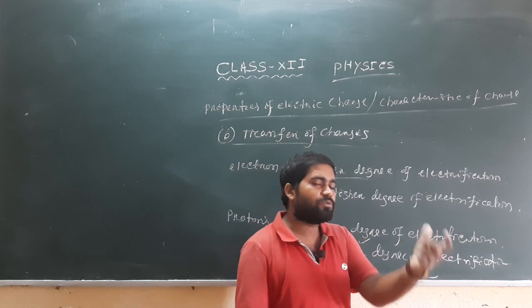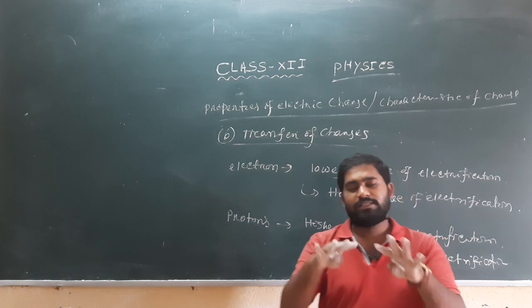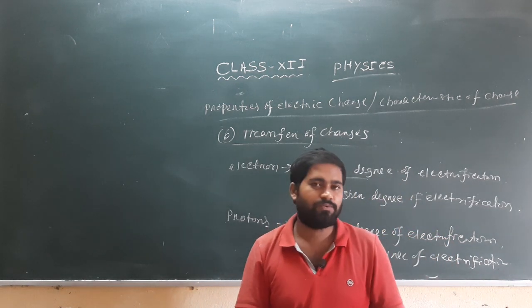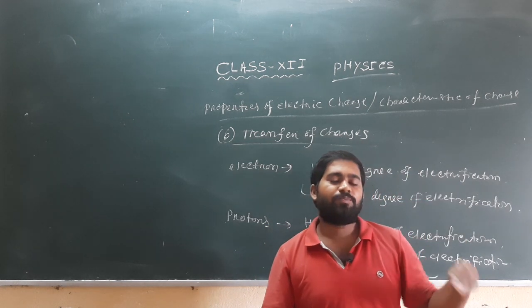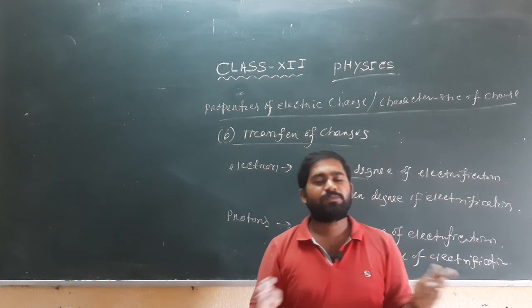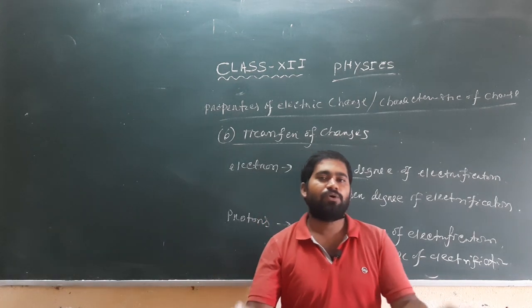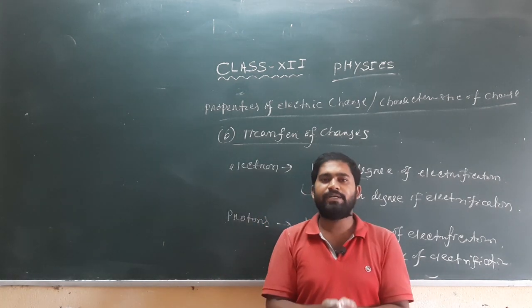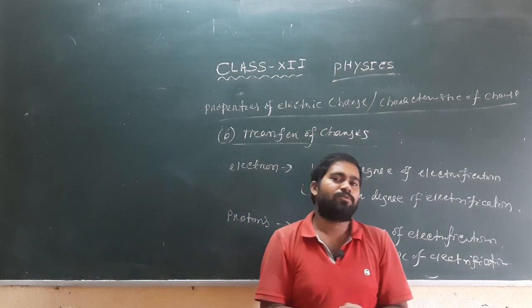Okay, but you may question here, up to what limit the charge transfer continues. That means up to what region, or up to what value, the transfer of charge takes place. The transfer of charge always takes place up to a limit where both bodies get an equal amount of charge.